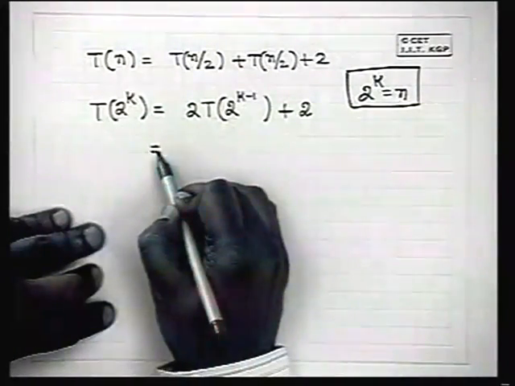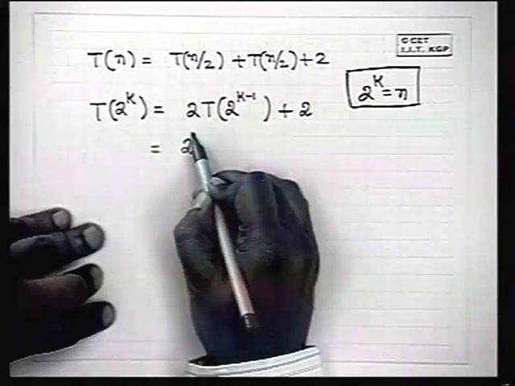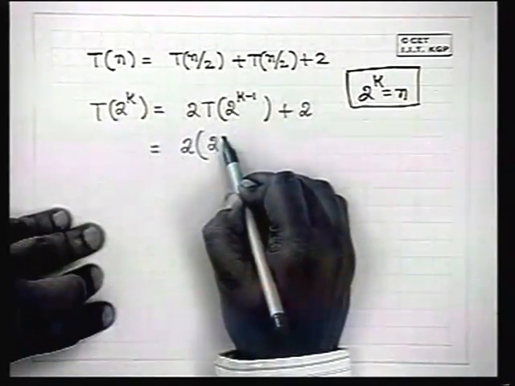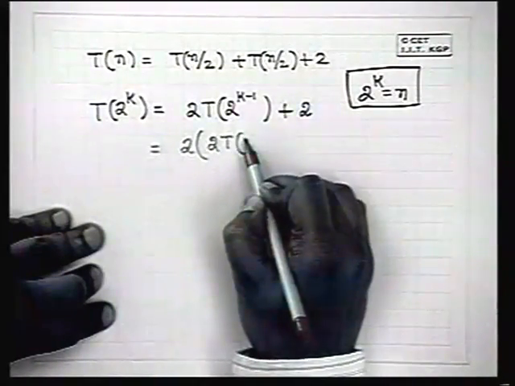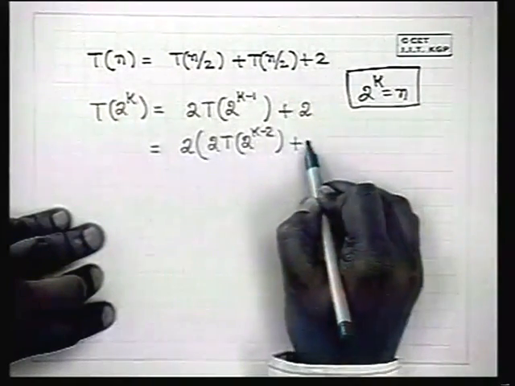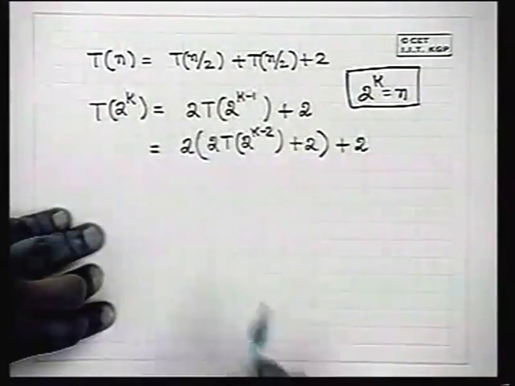So can you solve this? This is 2 into 2 T(2^(k-2)) plus 2, plus 2, right?